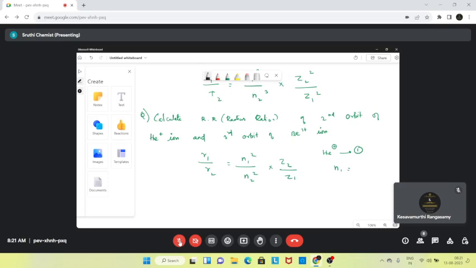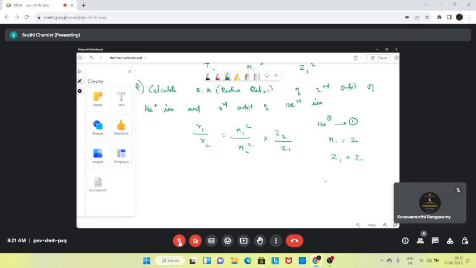N is your orbit. They say the second orbit of helium plus, so N1 should be 2, and N1 squared is 4. Then what is the Z1 value for helium? That is also 2, the atomic number. Correct.